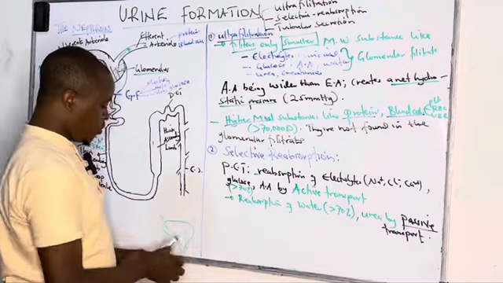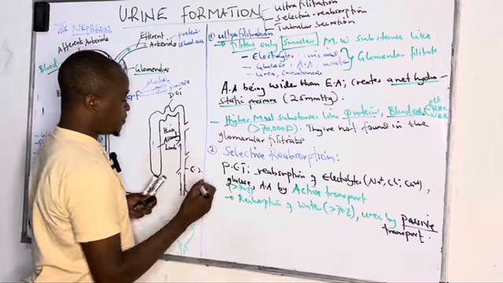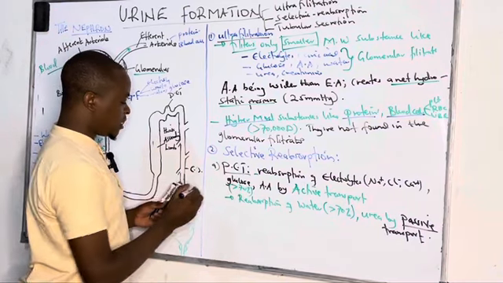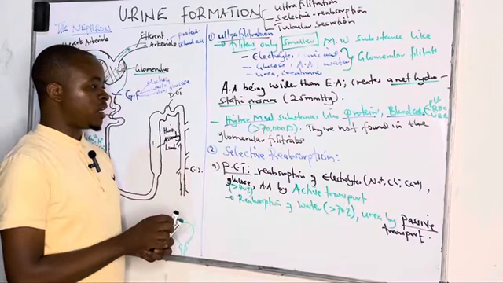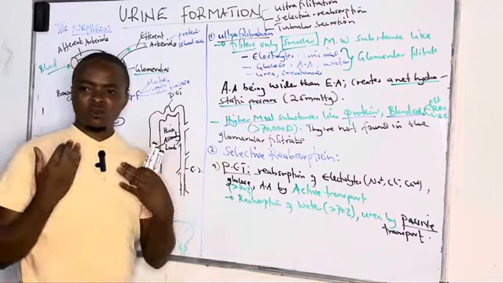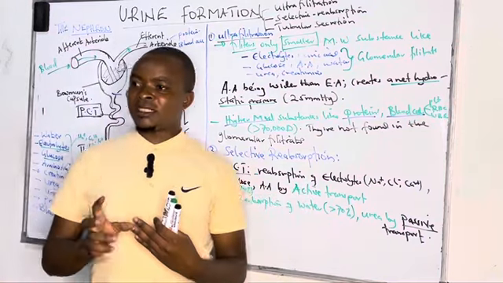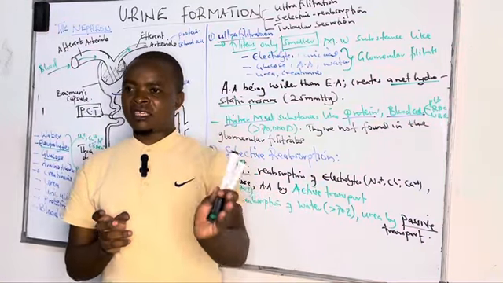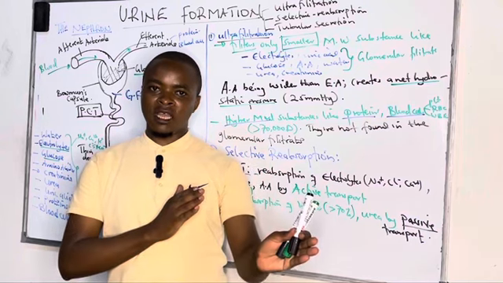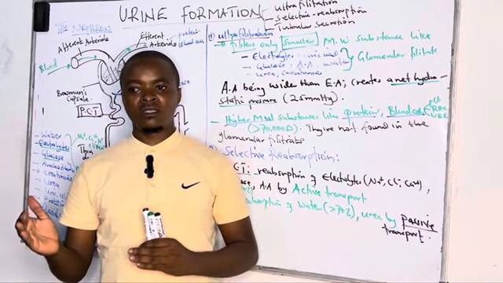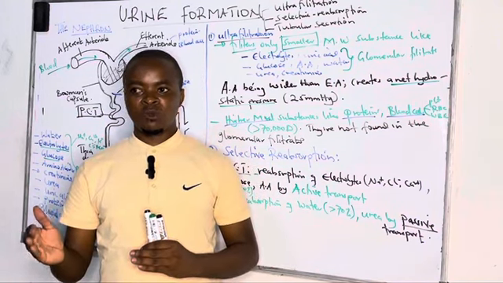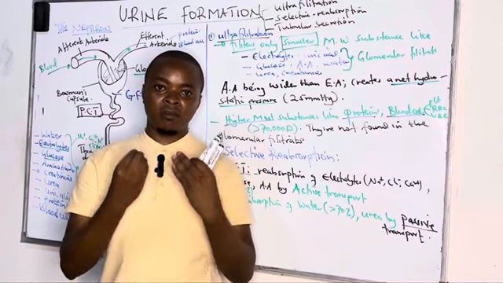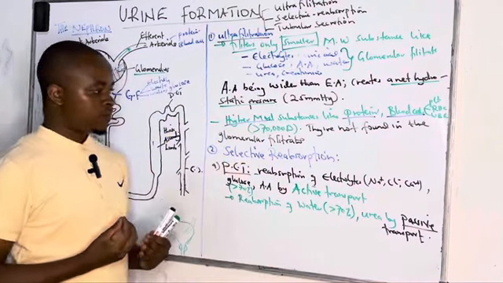So this is how it occurs in the PCT, or what we call the proximal convoluted tubule, where we see reabsorption. So whenever you are answering, you must end by showing us what are actively transported, and those which are passively transported back into blood, depending on the body's need.